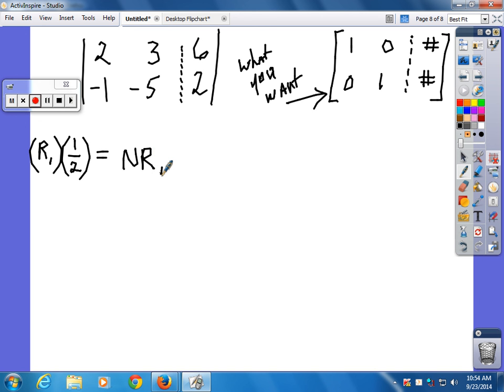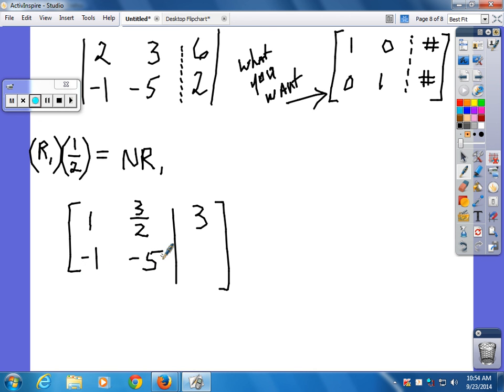So what is 2 divided by 2? 1. What's 3 divided by 2? 3/2. And what's 6 divided by 2? 3. And there's our new matrix.